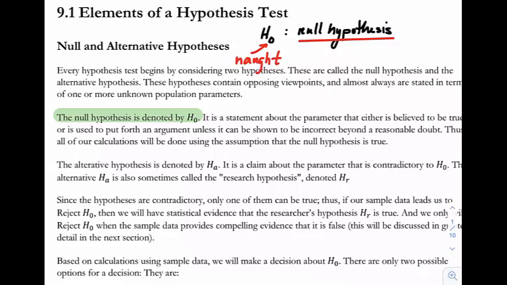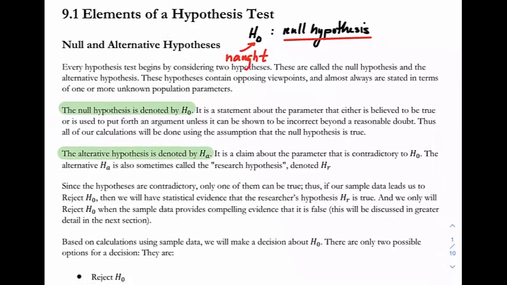Now the other component to that is the research hypothesis, or the alternative hypothesis, and that gets a variety of different notation. I've seen H1, I've seen HA. For us, we'll go ahead and use HR instead, which is my own signature use.